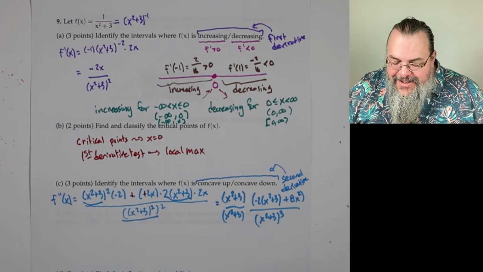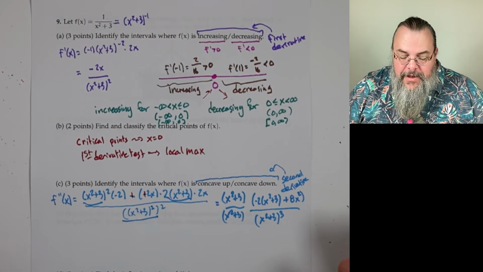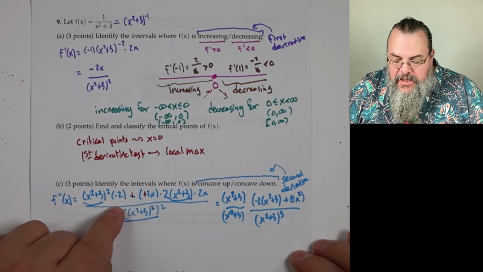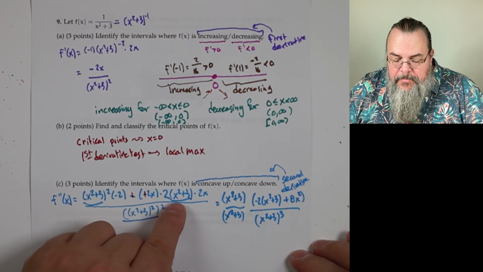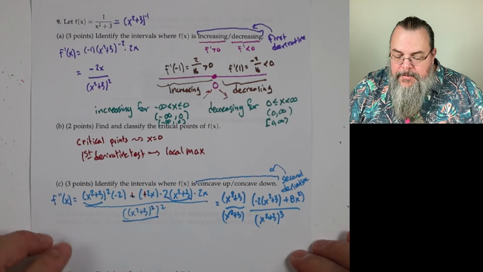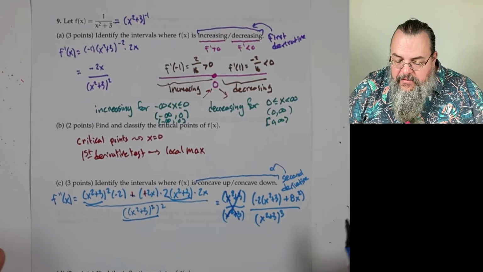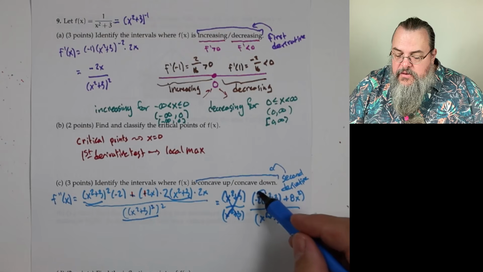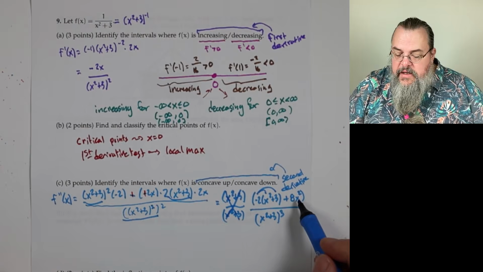Double check, right? Even I'm nervous about some of these things, so I'm just double checking to make sure I got everything that I needed to get. Okay, all right. So the x squared plus 3's cancel. What do we have? Well, we can distribute. So we have minus 2x squared plus 8x squared.